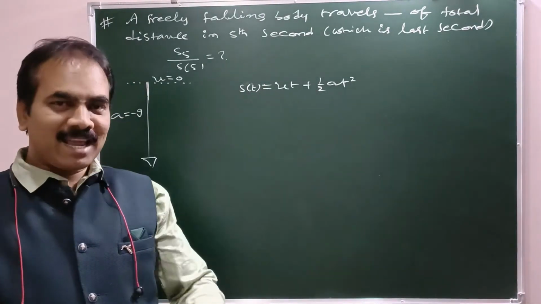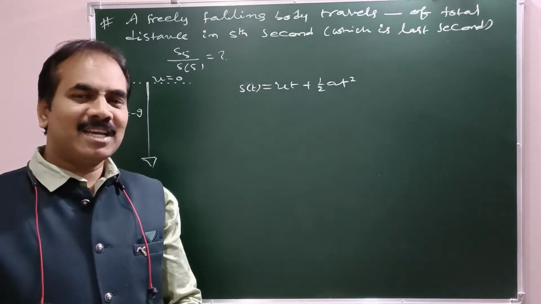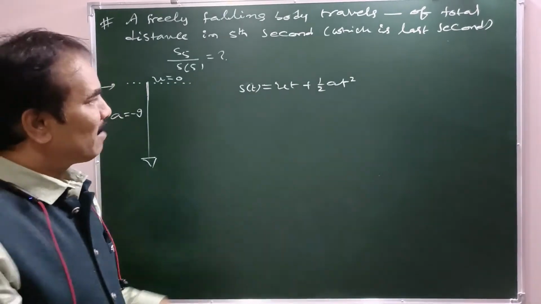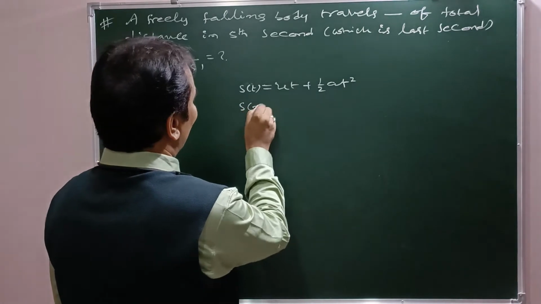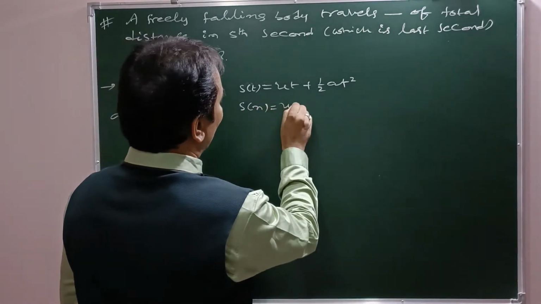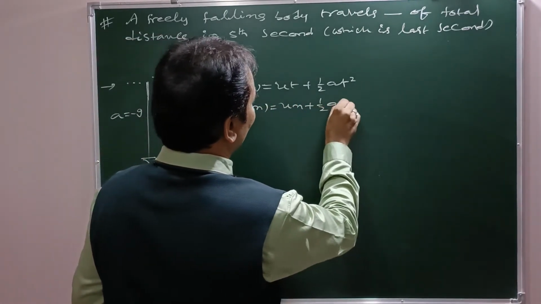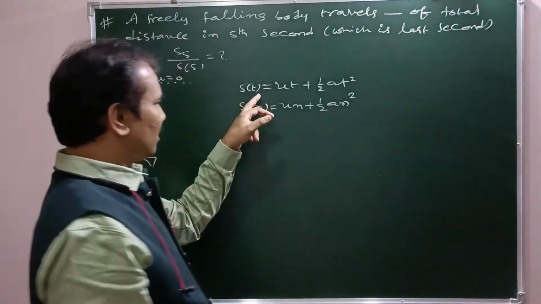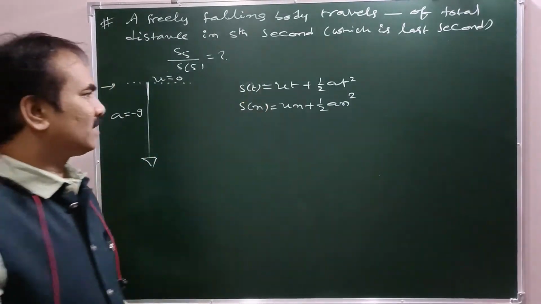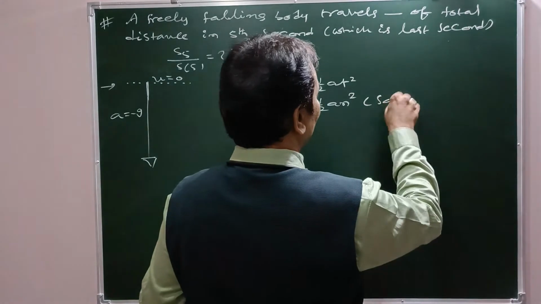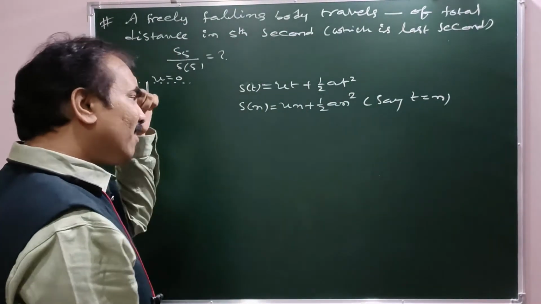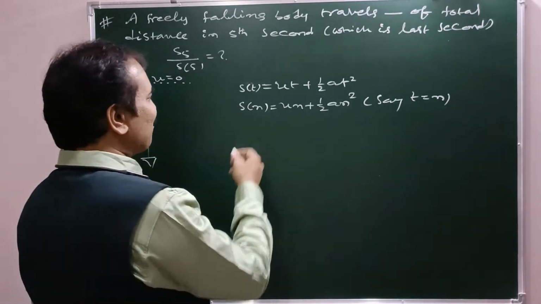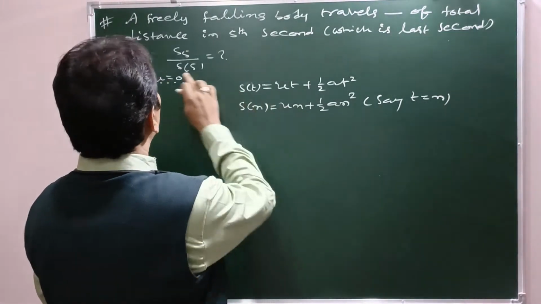If t is replaced by n, if the total time of journey is n seconds, then the same can be written as S of n equal to un plus half a n square. Say t equal to n. For a freely falling body, u equal to 0.